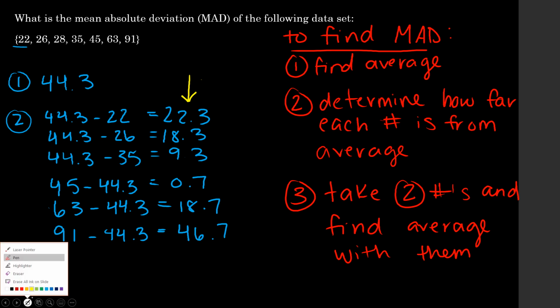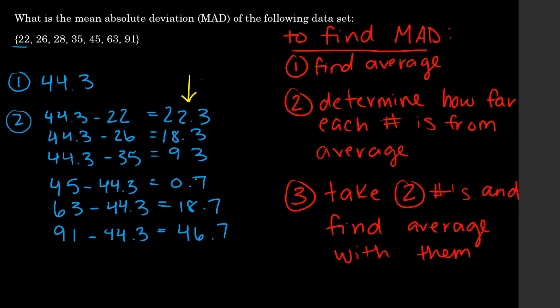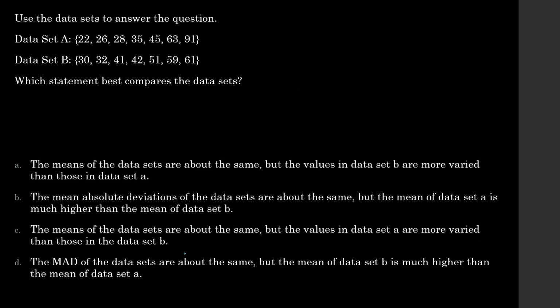Sorry, let me find 28 really quick, because I should have 7 numbers. Notice how I only have 6 here, but I have 7 up here. So I have 44.3 minus 28, which should give me 20, but let me just double check. Oh, whoops, wrong way. It should be 16.